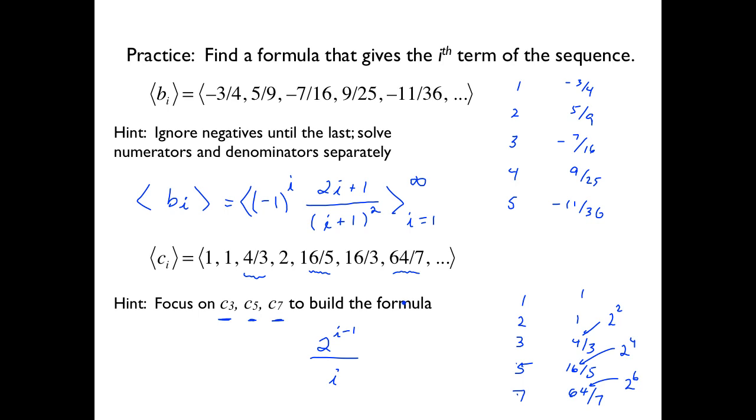Make sure that that works. For instance, let's do C2. C2 is going to be 2 to the 1 over 2, which gives 1. It works. We'll try one more. Let's try C6. 2 to the 5th is 32 divided by 6, right? So I is 6, so 2 to the 5th is 32 divided by 6 is 16 over 3.